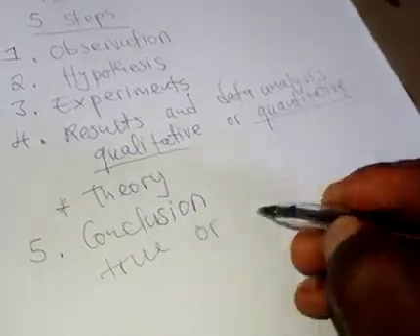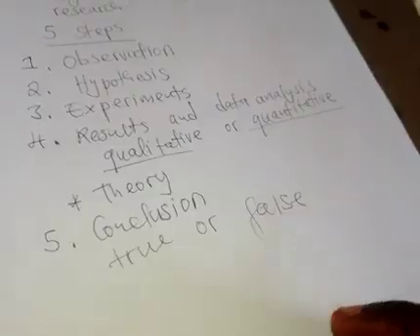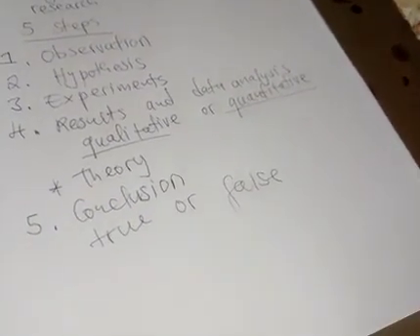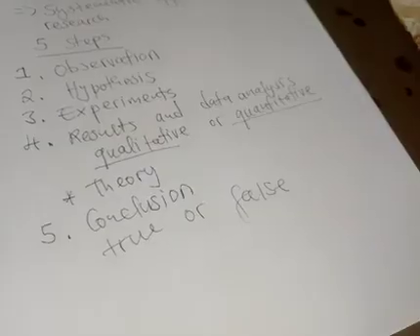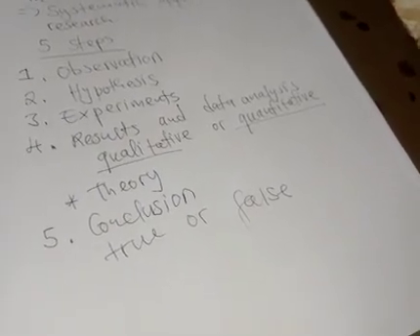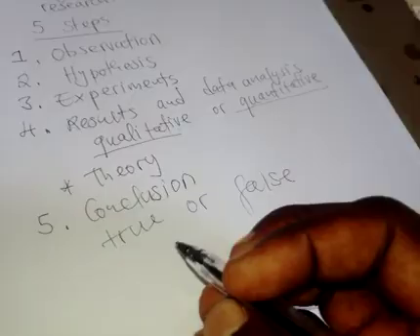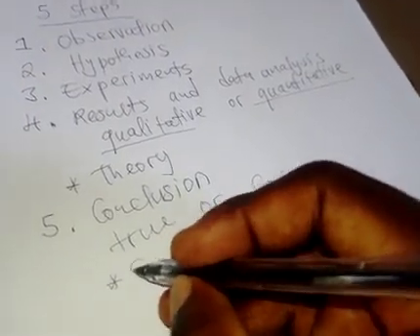If a hypothesis is true, of course you can do more and more experiments in order to test its validity. After that, you can come up with what we are calling a law. So that hypothesis has to be summarized into what we are calling a scientific law.